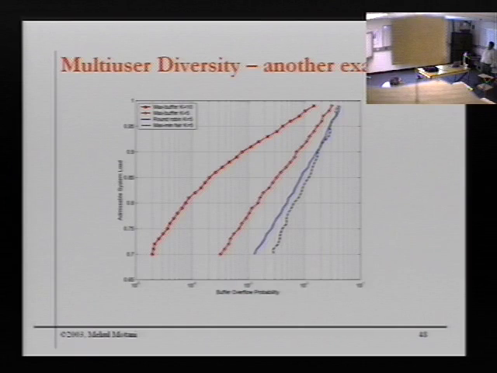If the channel bandwidth is the same, you're saying? Yeah, right. Is system load normalized? Well, something is normalized, right? The bandwidth has to be.